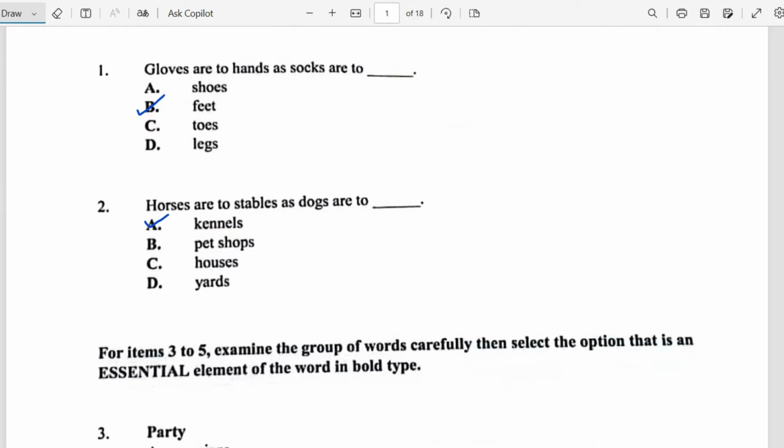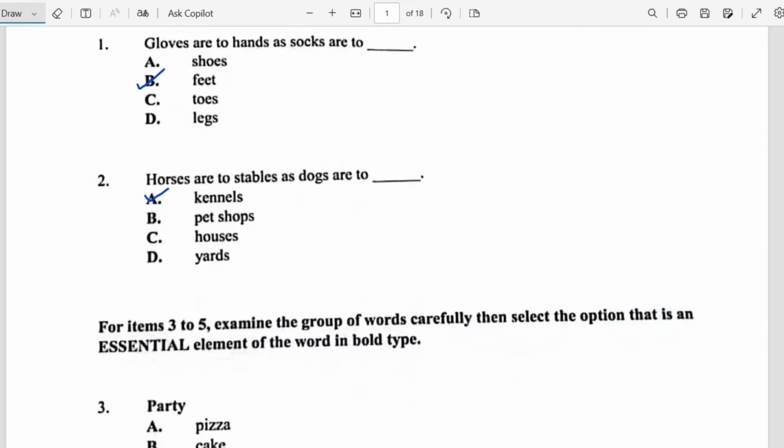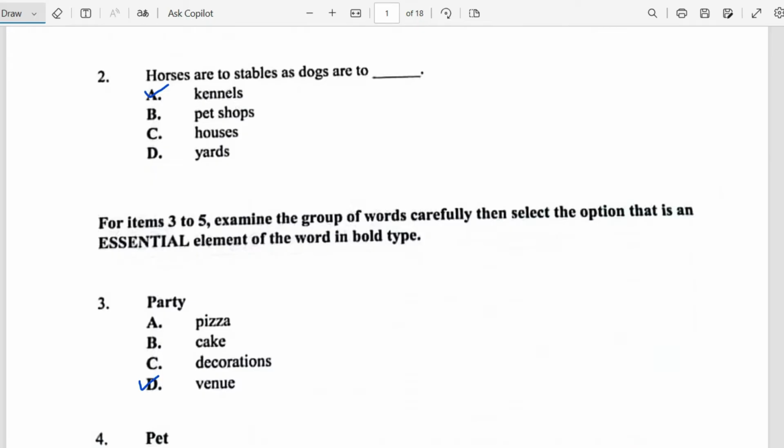Then select the option that is an essential element of the word in bold. So the word in bold is party, and the options are A, pizza, B, cake, C, decoration, D, venue. The correct answer is venue. While we do need food and decoration, we must have a venue to host the party.